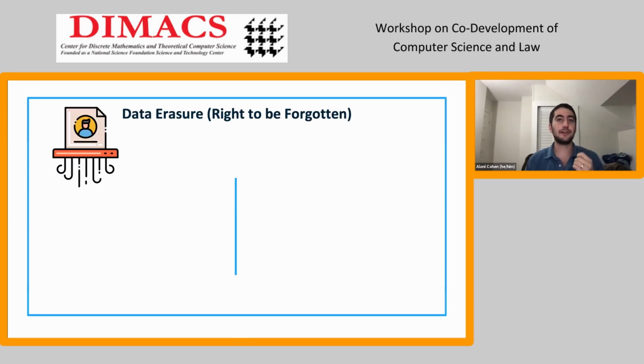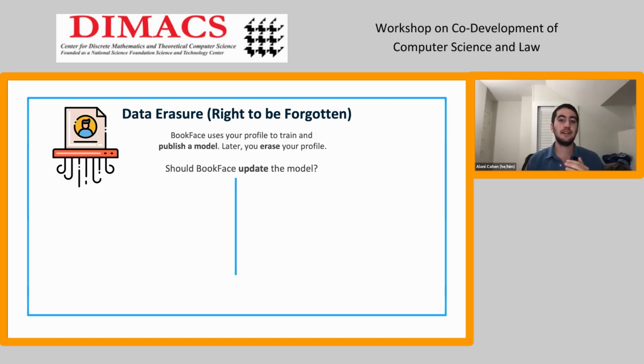And finally, very quickly, I want to mention work on the right to be forgotten. Here's a basic question. Let's say some company uses your data, your online profile, to train and publish a model. Later you erase your profile from the company's website and say, I invoke my right to erasure.